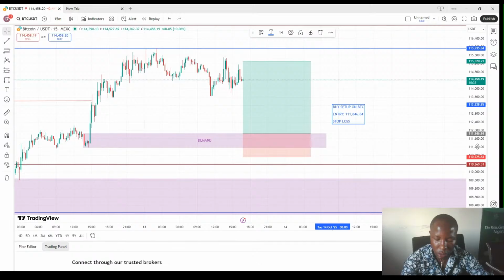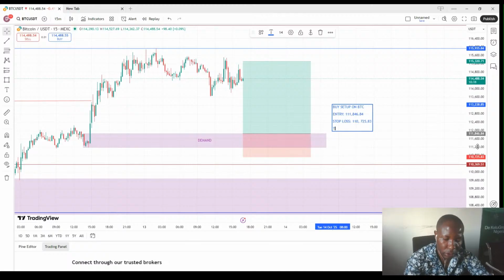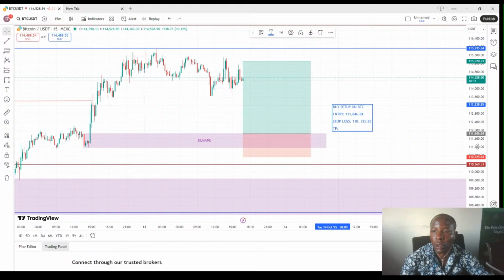Our stop loss is 110,725.83. Our take profit, TP, is 115,320.71.